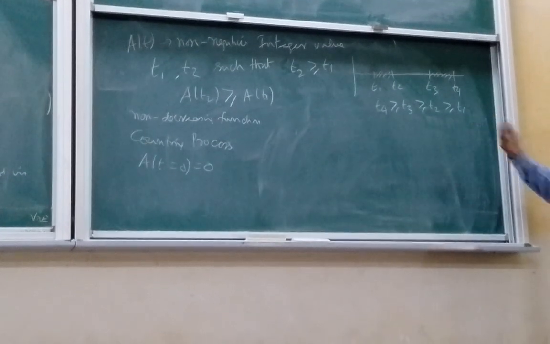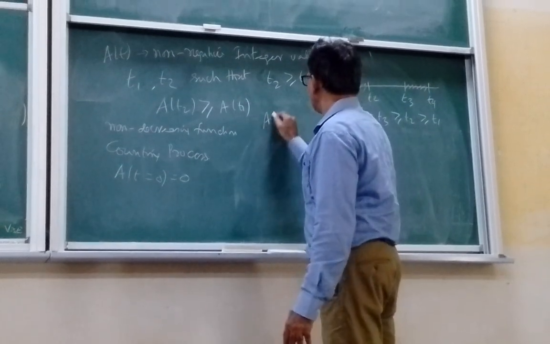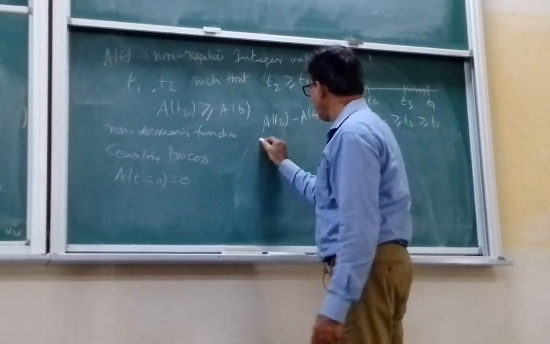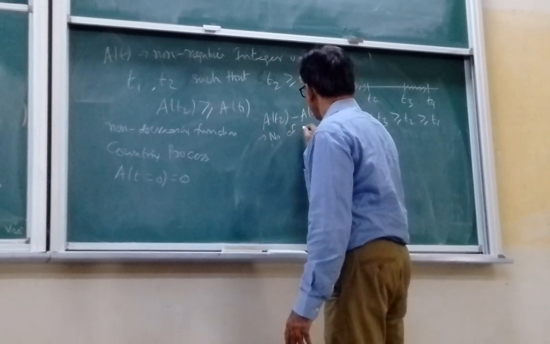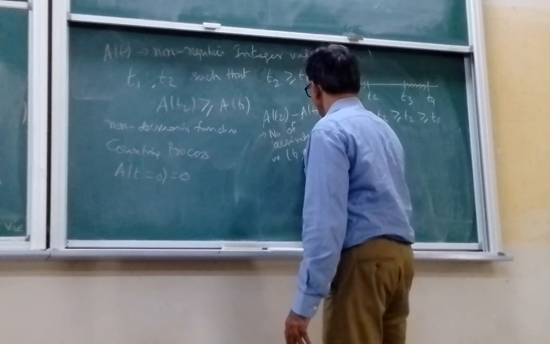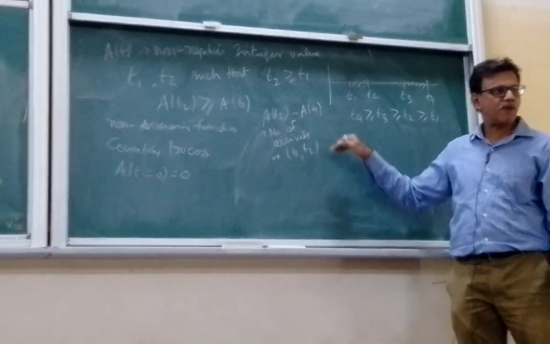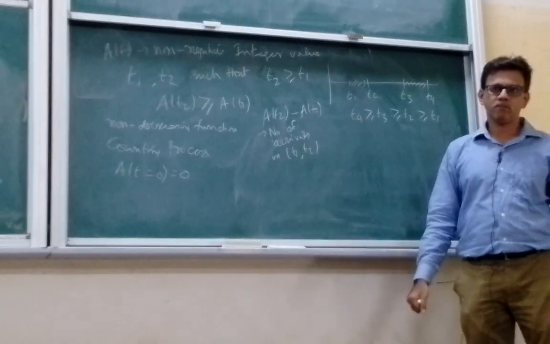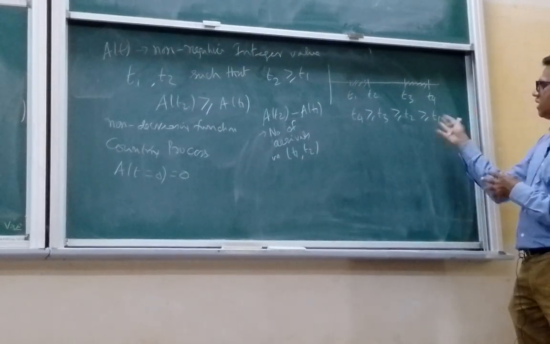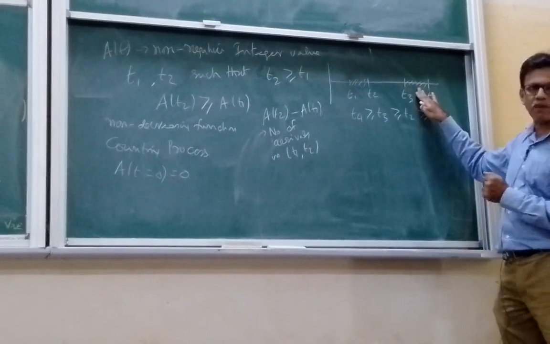What has not been told is, if T2 is greater than T1, then A of T2 minus A of T1 is the number of arrivals in the interval T1 to T2. This is the way we have to interpret it, whichever way you do. So in this case, there is a certain number of arrivals here, certain number of arrivals here.